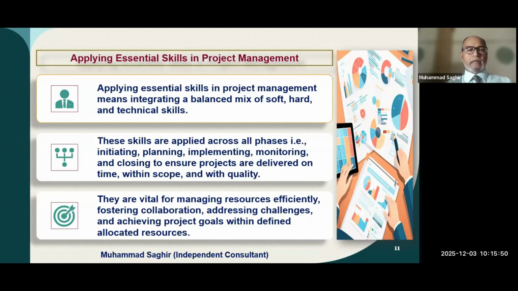These skills are applied across all phases of project management, that is initiating a project, planning, implementation, monitoring, and closing to ensure the projects are delivered on time, within scope, with quality.